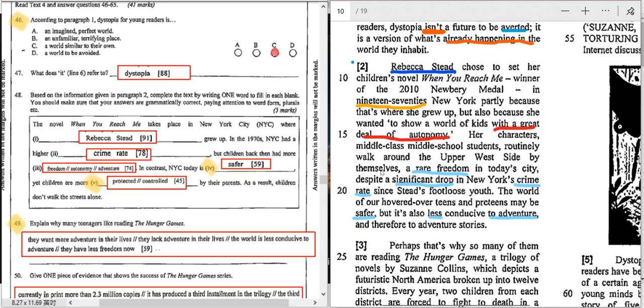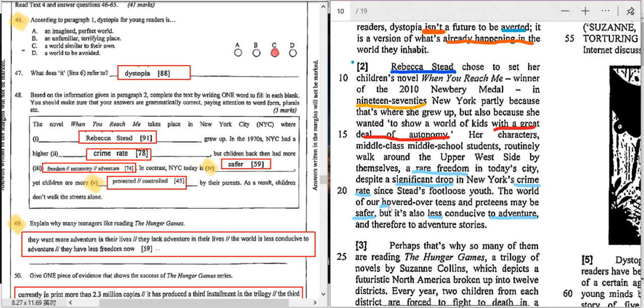So here are two pictures, and so to fill in the last blank, 45, children are no more protected by their parents because the place is safer, lower crime rate, safer, and they are more protected by the parents, and therefore they are enjoying much less freedom.